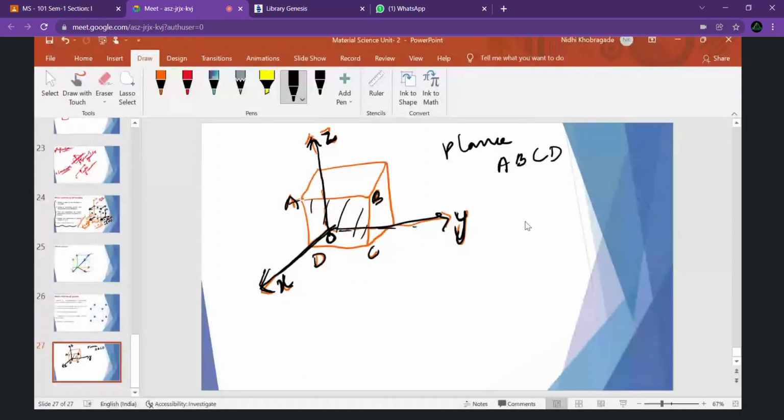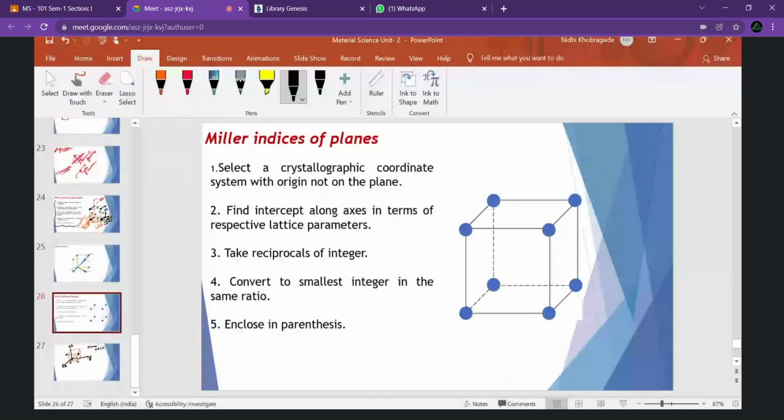Here one plane is intersecting the given plane as an axis, while the other two axes are parallel, right? So the intercept which we have to consider, we have to measure according to this rule. The second step is we have to find the intercepts along the particular axis.